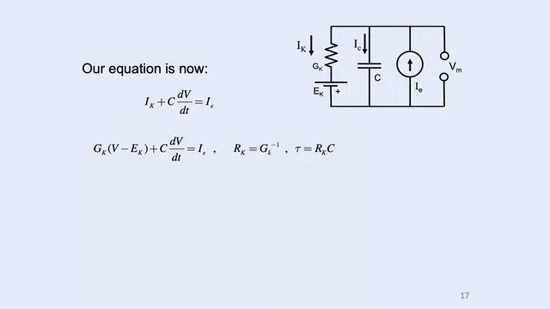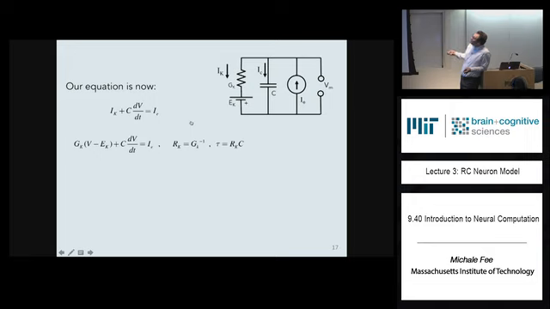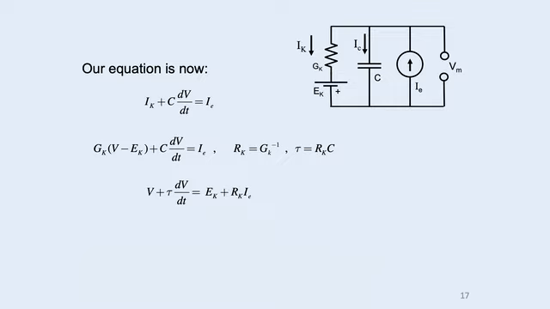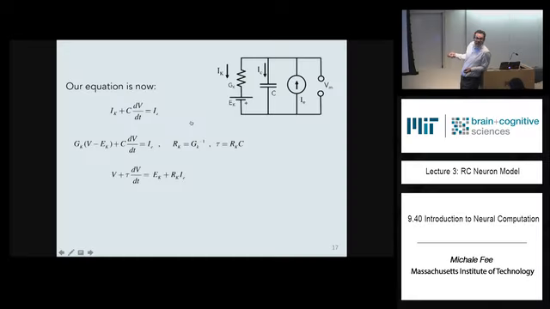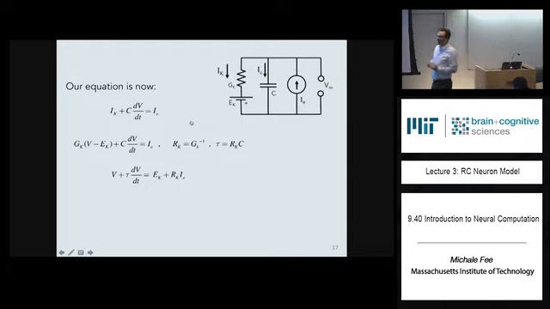Remember that the resistance RK is just 1 over GK, and tau again is RK times C. So let's massage this a little bit more. We're going to write this down as V plus tau dV/dt equals EK plus RK times IE. Okay, so what is that? Guess what that is? Very good.